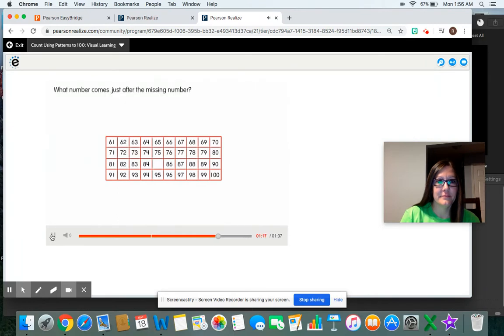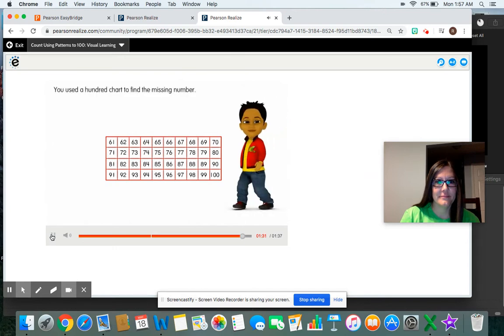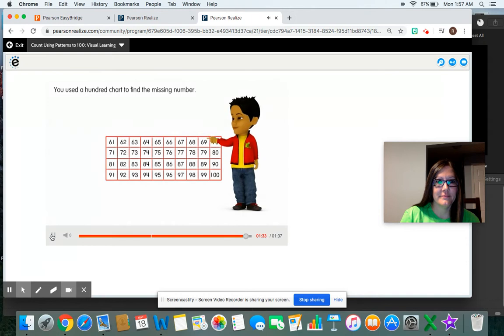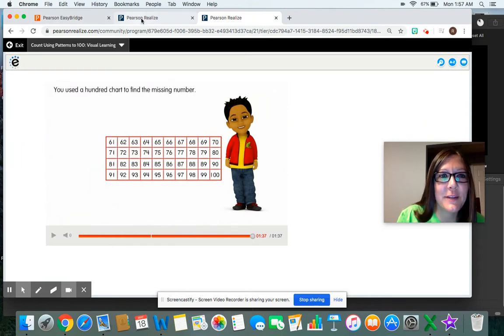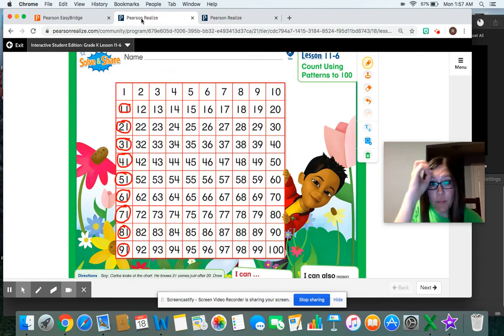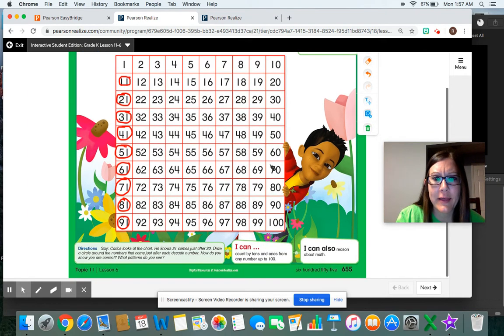What number comes just after the missing number? 86 comes just after the missing number. 85 is missing. You used a 100 chart to find the missing number. Great job, kiddos. Being very familiar with the hundreds chart will help you be a really strong mathematician.